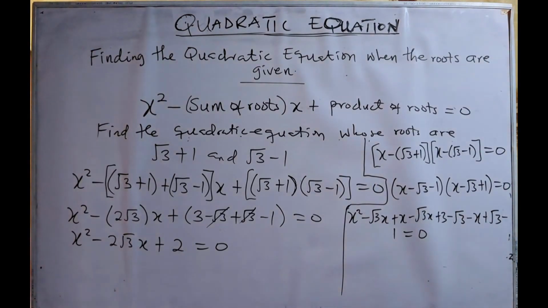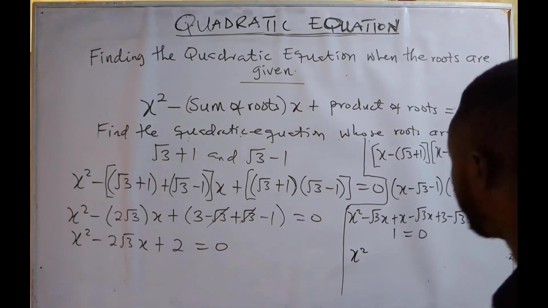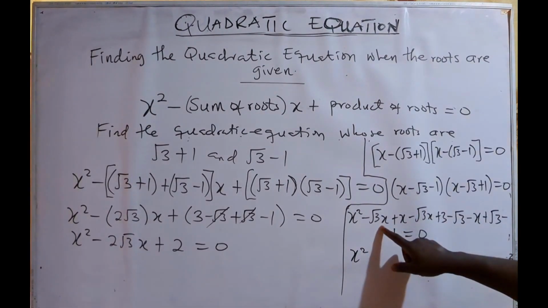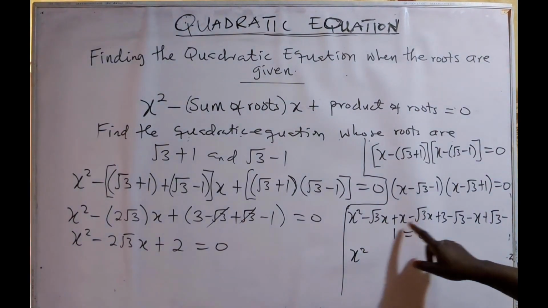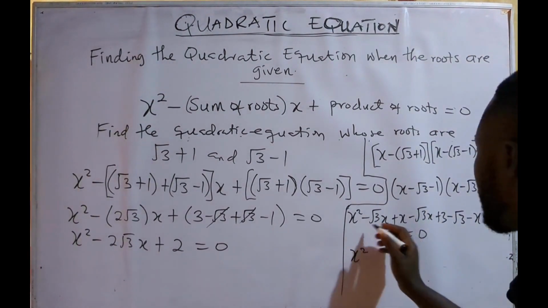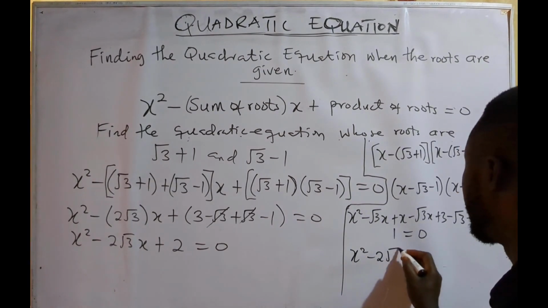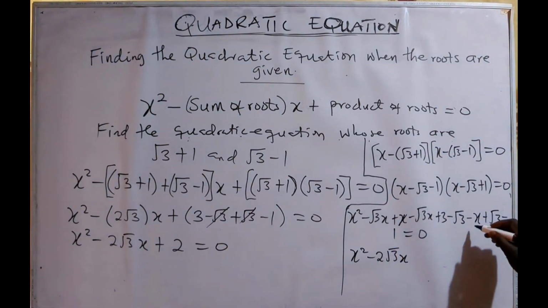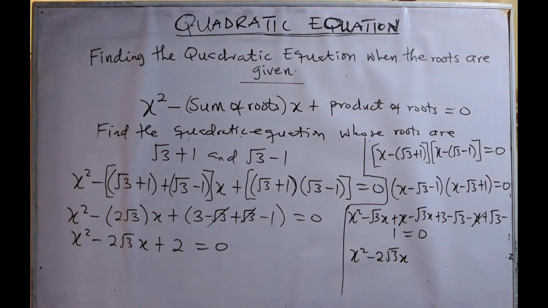Let's see. I believe there will be like terms. So I have x squared. Let me check the root 3x. There is minus root 3x and minus root 3x, so minus 1 minus 1 will give minus 2 root 3x. Okay, that is done. Then I have positive x minus x, which will go away, will be 0.